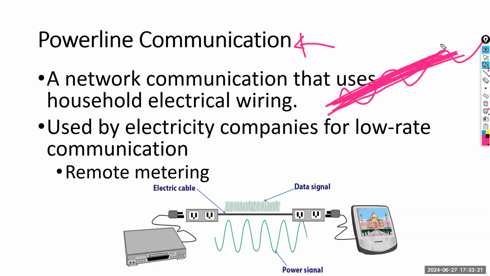The only thing is we need to separate the electrical signal and extract the communication signal. Another thing is security. We must make sure that electrical shocks are not transferred to the communication devices. But there are ways to isolate that. So that is called power line communication. That is just for your information.